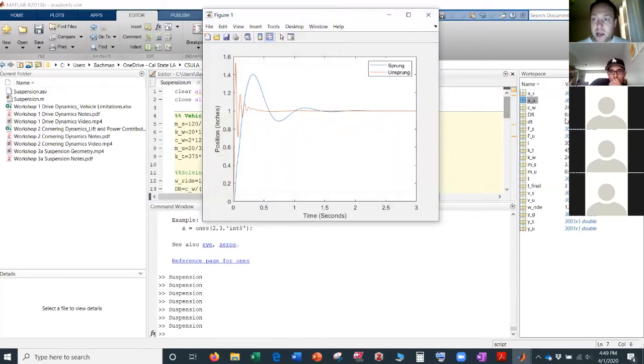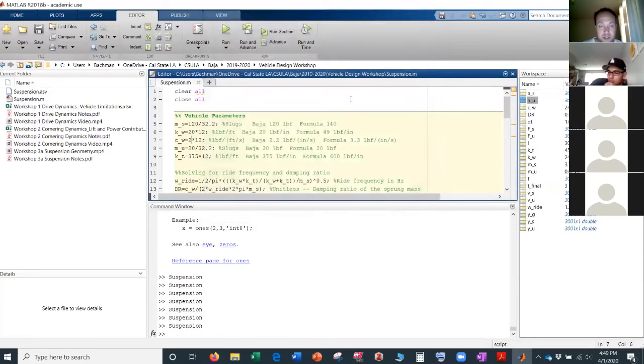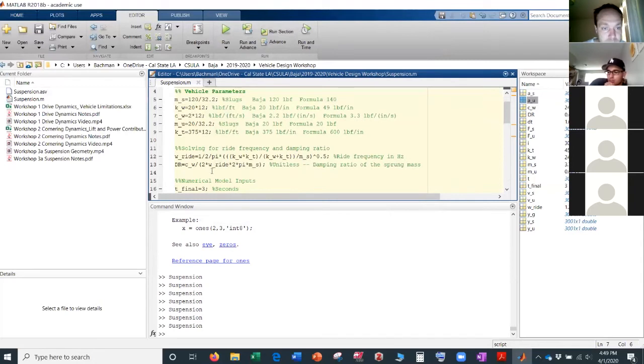So now when we get really underdamped, we start to whoop, whoop, whoop. You start to really see it. Yeah, it's kind of a little bit of a.